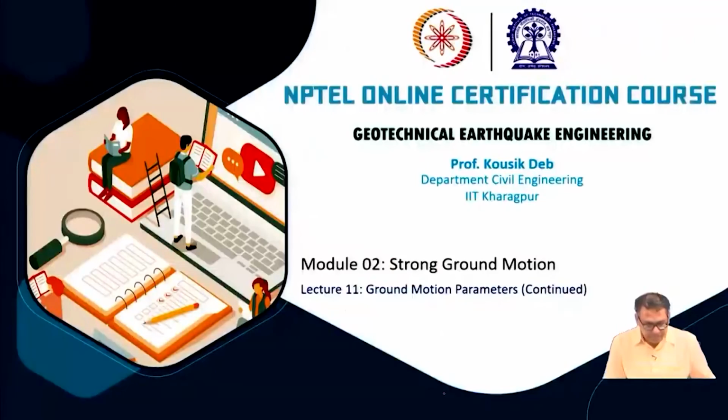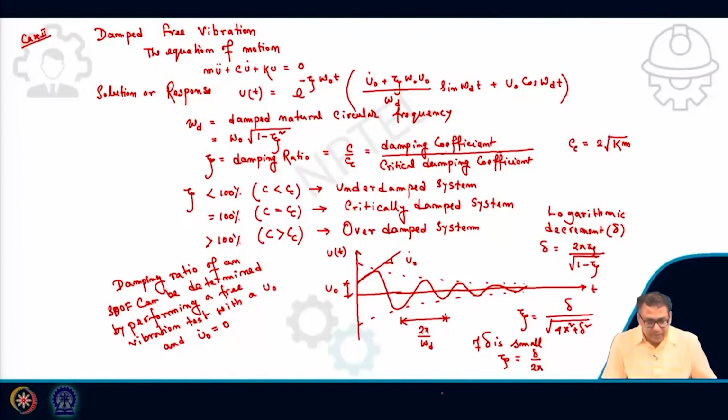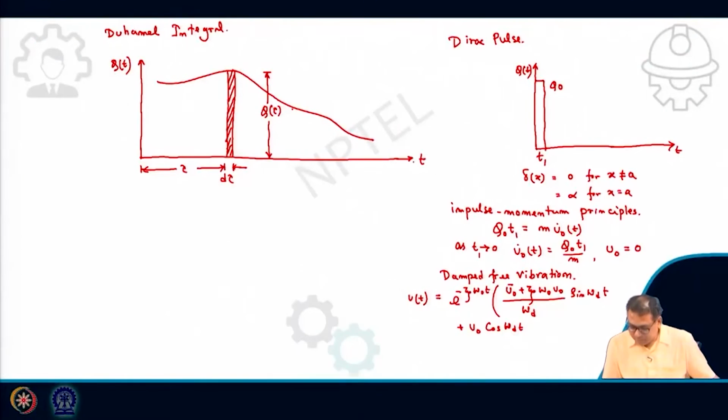So this is the expression for the damped free vibration case that I am using. Now if I put in these values, my U0 is equal to 0, so this part will not be there.